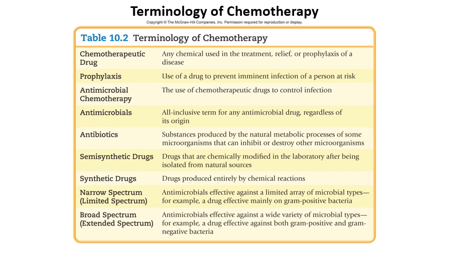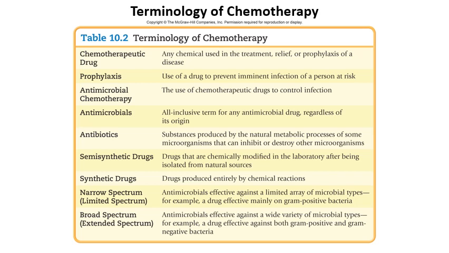Semi-synthetic drugs are ones that are taken from a natural origin, but then are adjusted, right? So that we make some chemical modifications to make them stronger or more broad spectrum or something, so that they're more effective than the natural form of that compound. Synthetic drugs are those that are created entirely in a laboratory that have no natural origin.